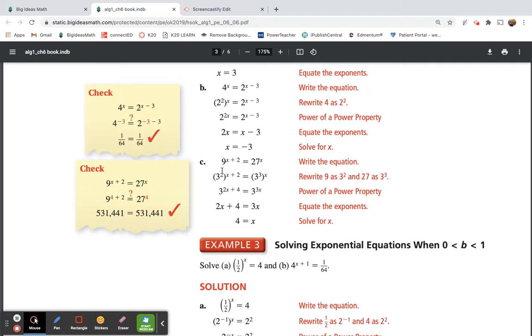9 is 3 squared. So if you notice, I'm going to work that out over here. So I need a color you can see. So 3 squared to the x plus 2. Think of it like we know we have to multiply when we have an exponent raised to another exponent.